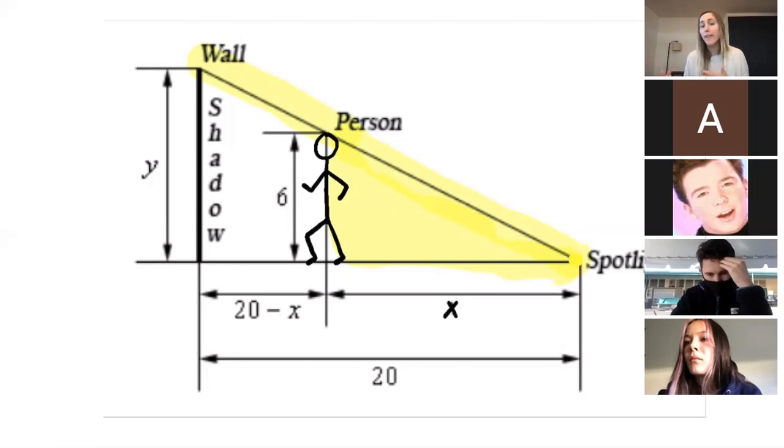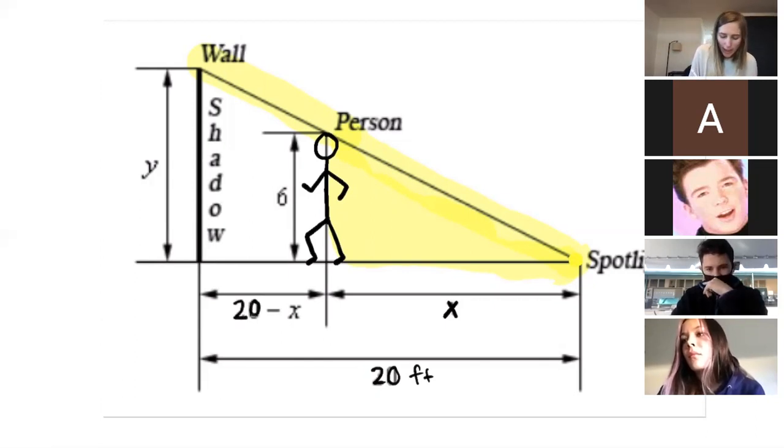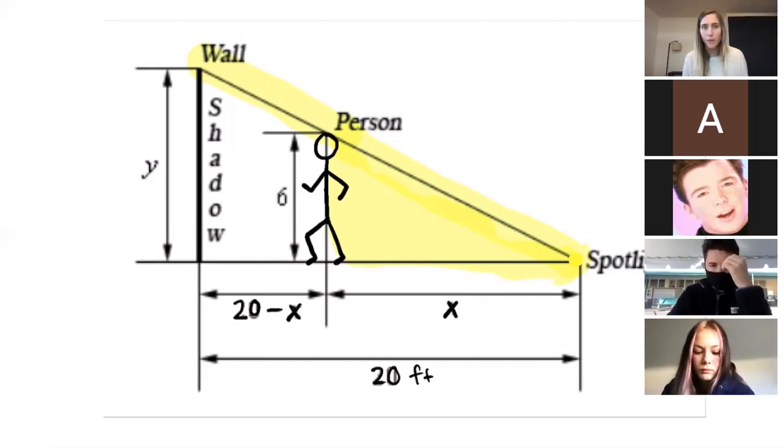Since we are given that the distance between the wall and the spotlight is 20 feet, then we can say that the distance between the wall and the person is 20 minus X. Okay, and 20 minus X is going to be decreasing as time is passing because the person is walking towards the wall.